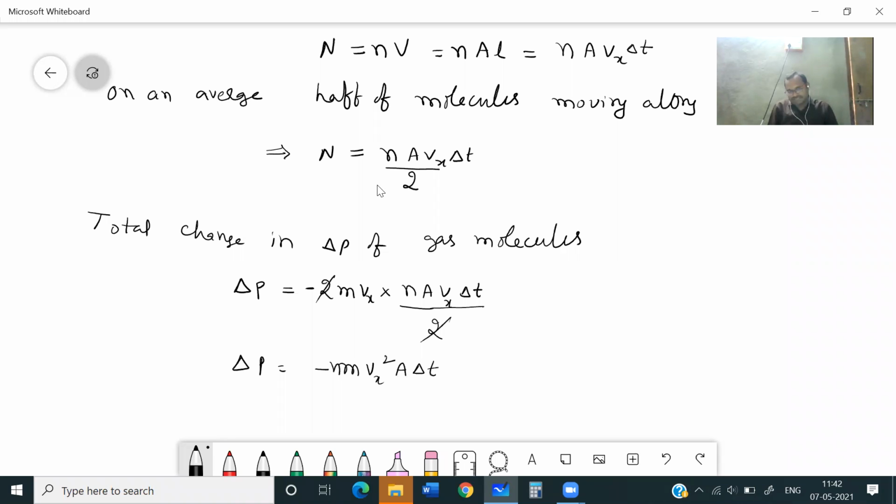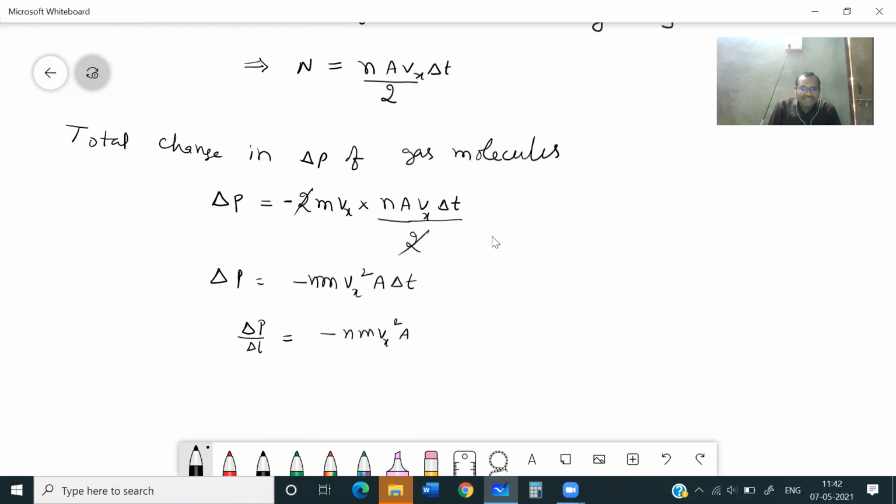Okay. Yes. Now let us take delta P by delta T is what, no? Minus n m Vx square into A. What is this delta P divided by delta T, no? Momentum by time according to Newton's second law. dP by dt is nothing but force. Means the force exerted by gas along x-axis is minus n m vx square into A. Clear?